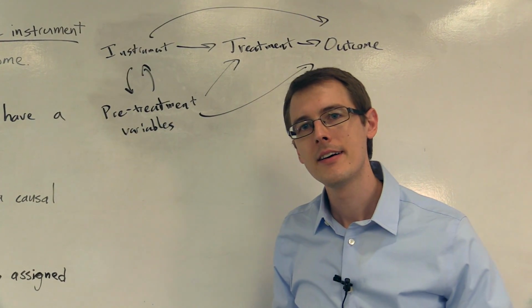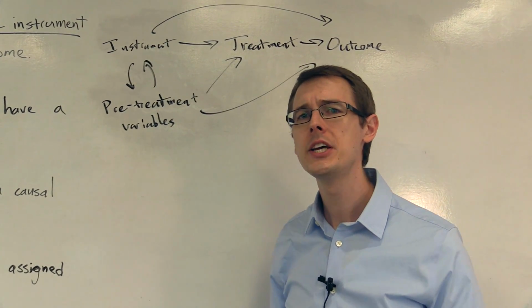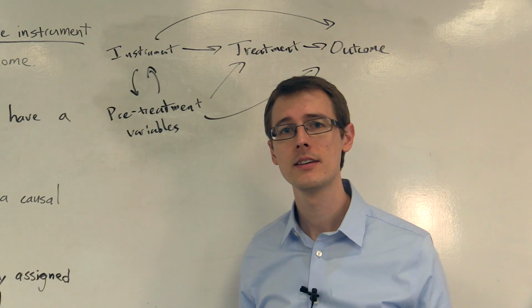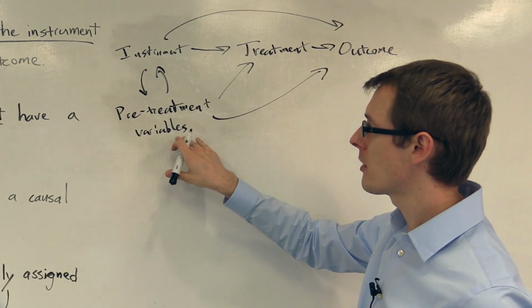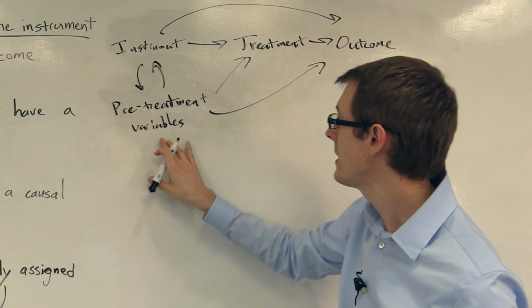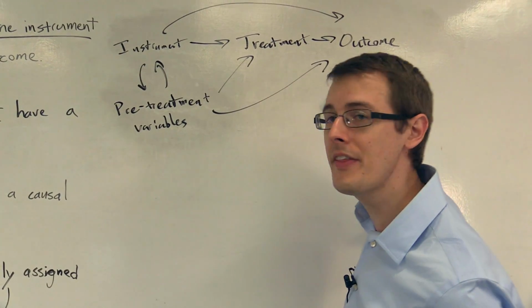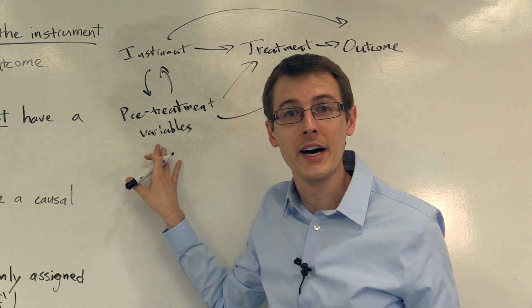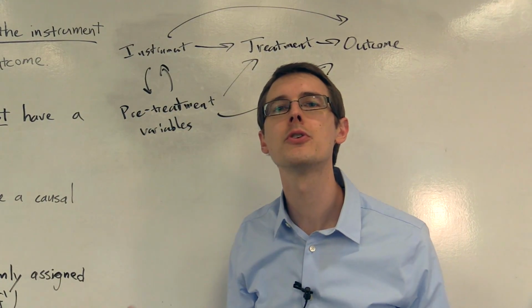When we go to our data, we can't just look at the correlation between treatments and outcomes and say that's the causal effect because of these other variables, the pre-treatment variables, for example. Those are possible confounders because they affect the treatment and the outcome variable. And moreover, these don't have to be observed by us. Many of these variables could be unobserved confounders.